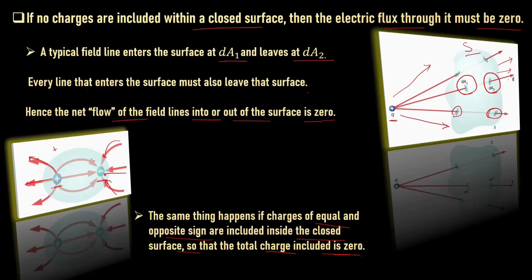So if two equal and opposite charges are enclosed in a surface, the electric flux associated with the surface will be 0. That is the net concluding point: in these two situations, the net flux will be 0.